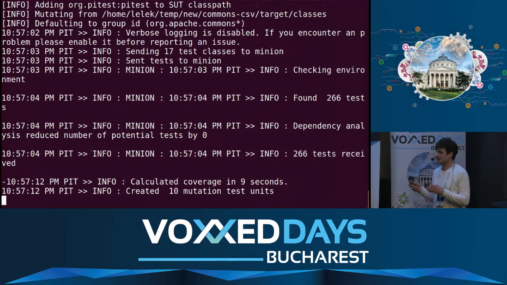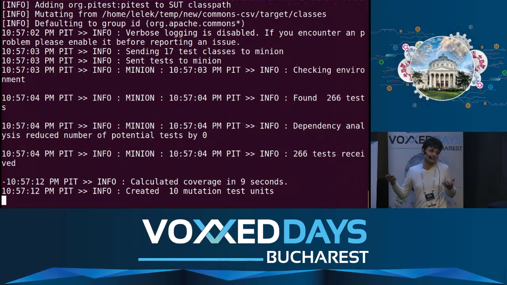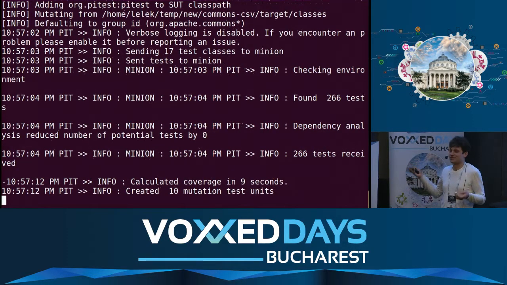What is interesting here is that it's not so slow, because even though we create a lot of mutants, we operate on bytecode, so we don't need to compile the code again, which is cool. Also, it runs in parallel, so we can run tests in parallel to kill the mutants.